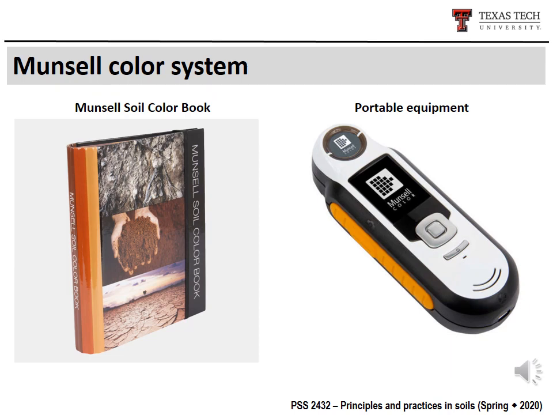Okay, and recently it was launched in the market the portable Munsell color equipment. As you can see here, on the right side, it costs around $800, and you can measure the color of any solid surface, for example soil, of course, automatically. Okay, that's it.